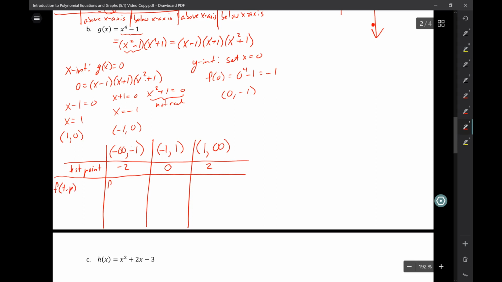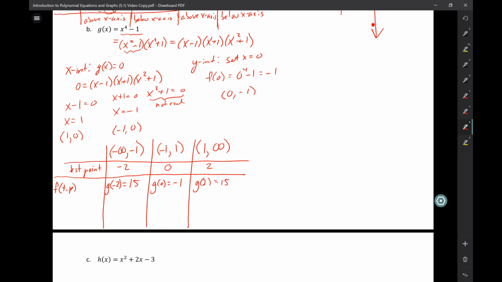Now we evaluate the function at each of those test points. Everywhere we see an x, we put in negative 2. So g of negative 2 gives us 15. G of 0 gives us negative 1. And finally, g of 2 gives us 15.